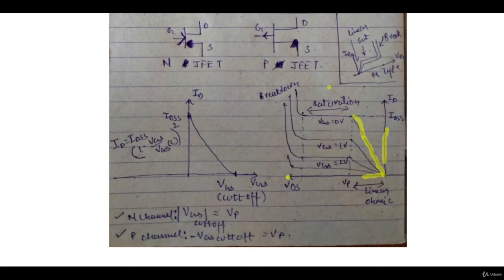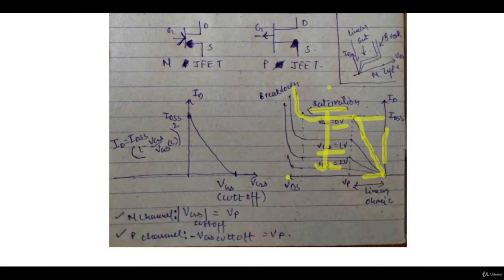That is what we saw in n channel type as well. As you increase VDS above Vp, the current will be constant, that is the saturation region, and as you increase further, it will go to the breakdown region. This is the maximum current you will get at 0 volts of VGS. As you increase the value of VGS, 1 volt, 2 volt, you can see the current is decreasing. So that is the curve.